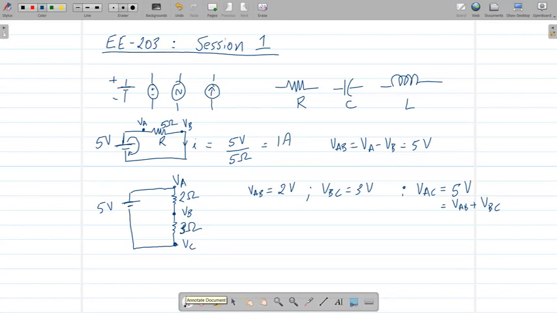Supposing I were to put VB equal to 0, that means if I connect a ground terminal, so I'm enforcing that VB is equal to 0, right? Now, what are the values of VA and VC and VB? I've set VB equal to 0 by grounding it.